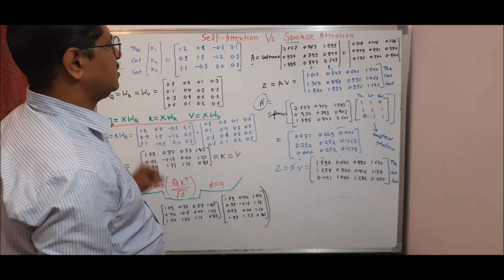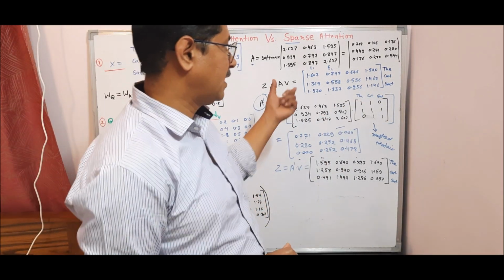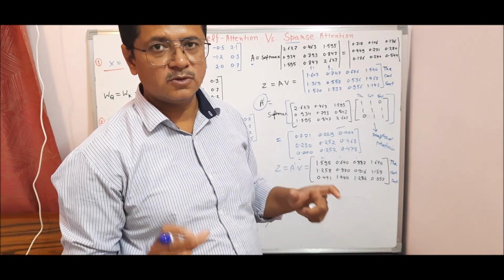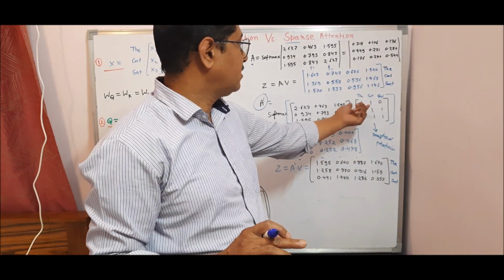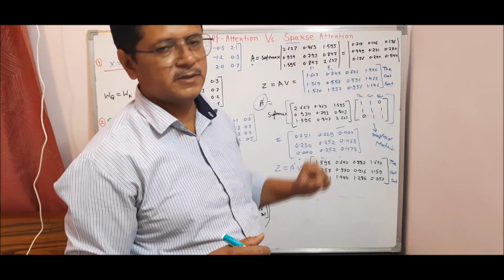As we have three words, we have taken a 3 by 3 masked matrix. Now it is up to you to decide which level of sparsity you want to achieve, even in the calculation of sparse attention.